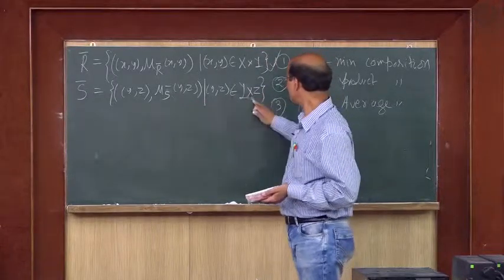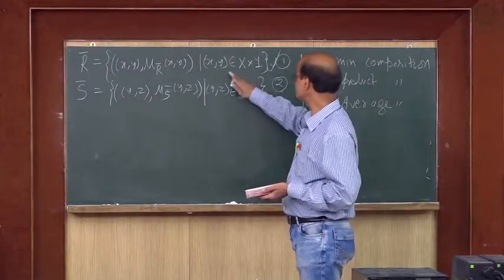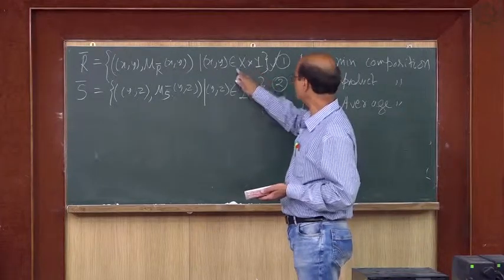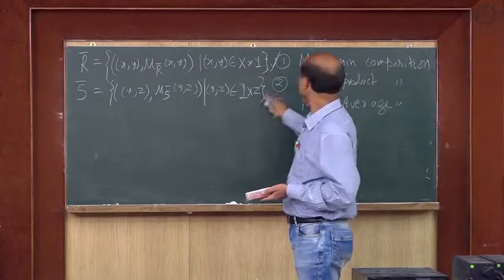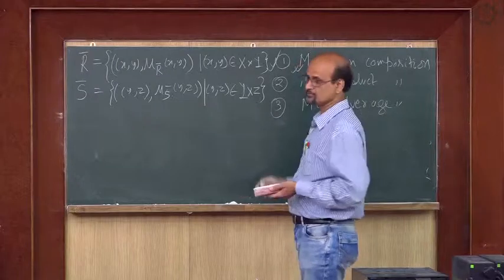This is the relation from Y to Z, and this is from X to Y. I want to find X to Z using this max-min composition.